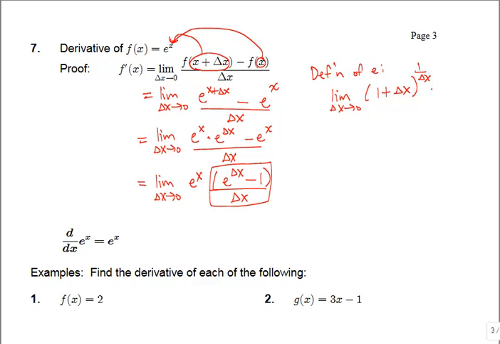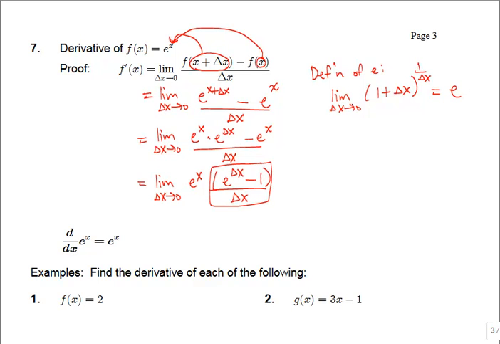And in the limit, that goes to e. And you can check that numerically. I think we actually did this in a previous lecture. If you just use a table and pick delta x's that get smaller and smaller, you'll see that this whole expression gets closer and closer to that number 2.71828. So this is a definition that we can take for granted.